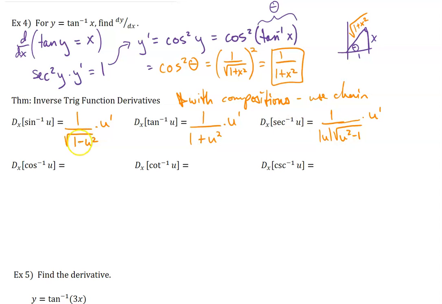These two right here are similar because they both have the radical in the denominator, and the way that I remember which one is which is I remember that secant has an extra u in the denominator. It does need to have absolute value bars unless it's an expression that cannot be negative, but secant inverse derivative has an extra u down here, and then I remember that these two u's are right next to each other, like they're kind of up against each other.